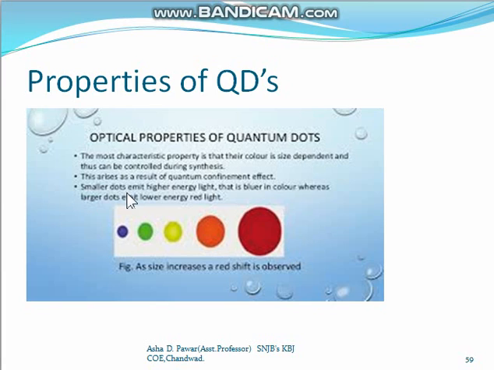Always smaller dots emit higher energy light, which is bluer in color, whereas bigger dots emit lower energy red color light. Means small size quantum dots always emit high energy light like blue color, and bigger size quantum dots emit lower energy light, a red light.